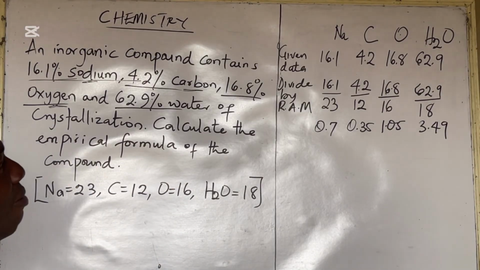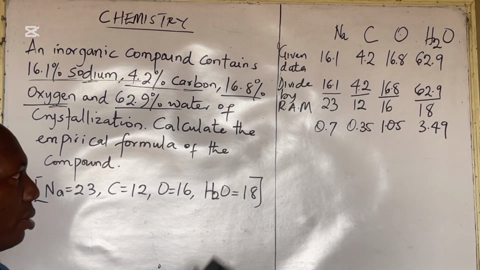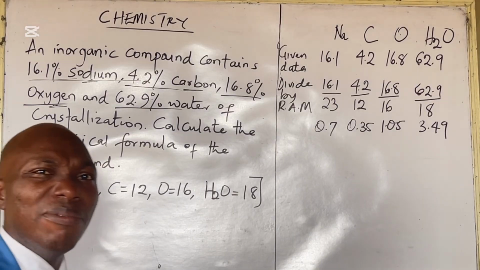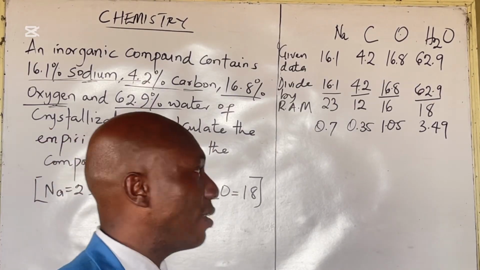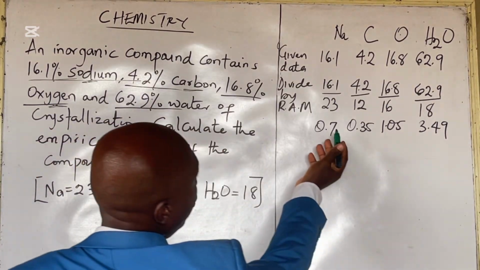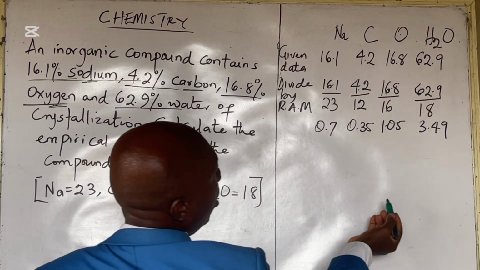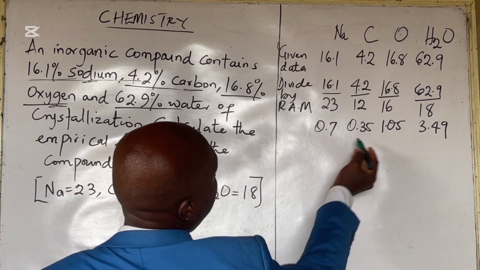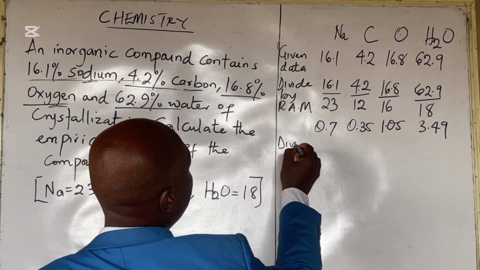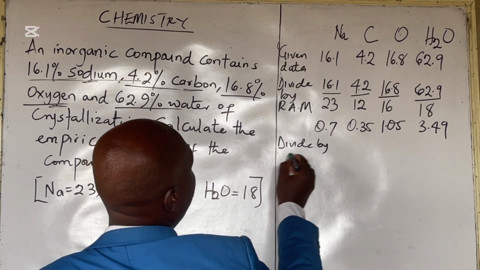Now that we have the result on the board, the next stage is to divide by the smallest. When we consider 0.7, 0.35, 1.05, 3.49, the smallest is 0.35. So we divide by smallest.